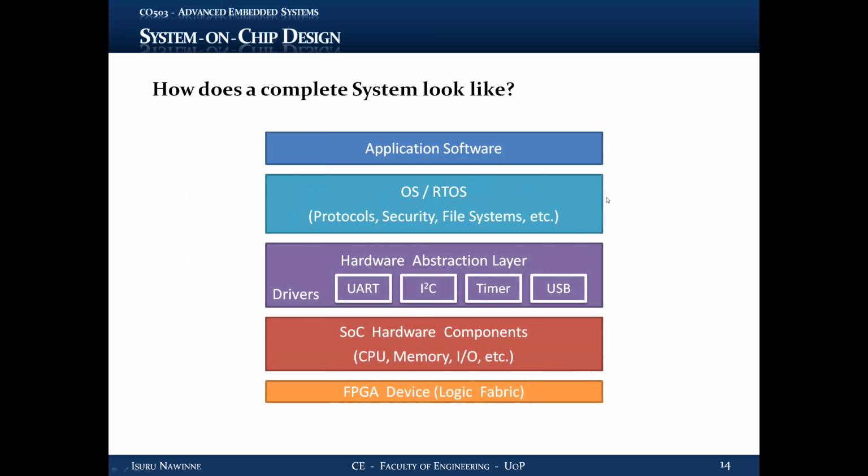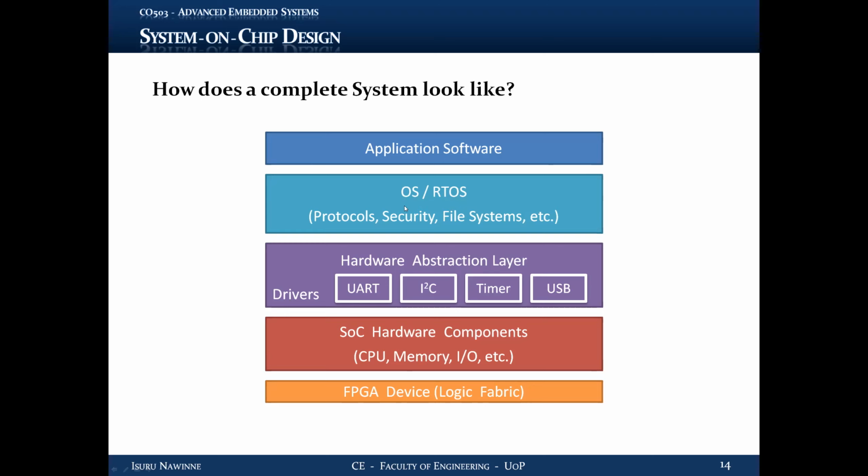Then you usually have an operating system. This depends on the system that you're building. You might or might not have an operating system, or sometimes a real-time operating system if you need real-time guarantees from the embedded system that you're building.